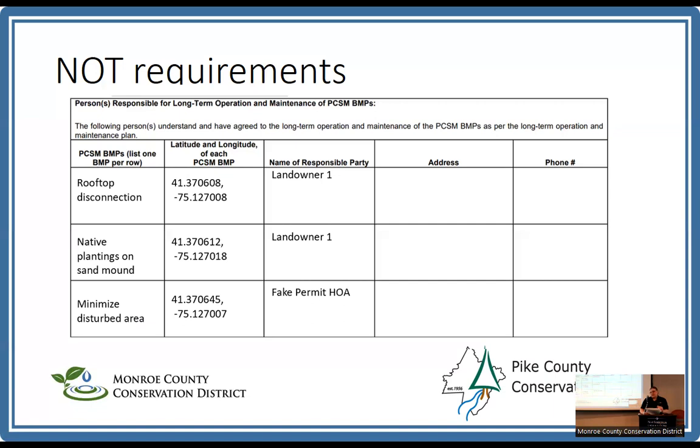A lot of the issues we have in notices of termination are with residential subdivisions, even commercial subdivisions, those kinds of things. So you'll see more of the examples geared toward that later on. It's encouraged to provide notice to lot purchasers and enter into agreements for the operation and maintenance as early as possible, so there are no surprises to those lot owners that they have something on their property that they're going to have to maintain.